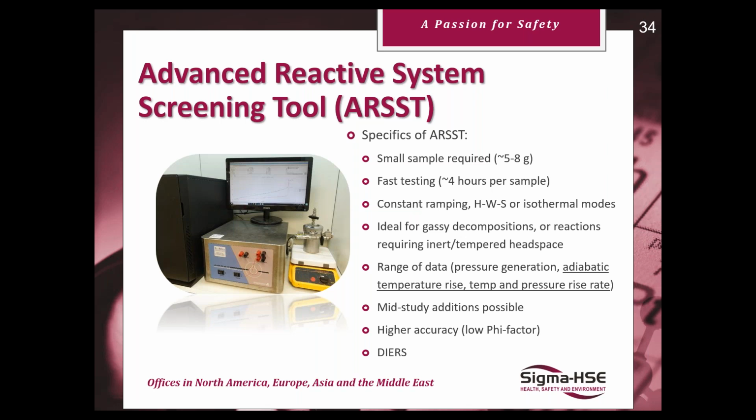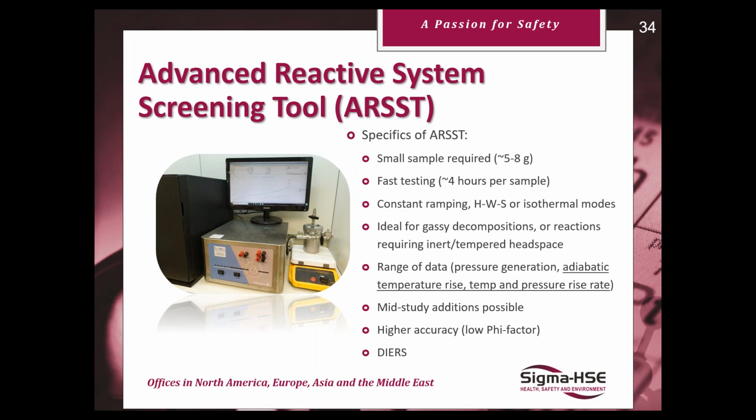The origins of the ARSST are that it was designed for DIERS in the States, to give basic vent sizing and emergency relief system data. So that's the temperature and the pressure rise rate. Those are typical outputs from the ARSST. We can also do basic reaction calorimetry in the ARSST, but other methods are better for that kind of testing.